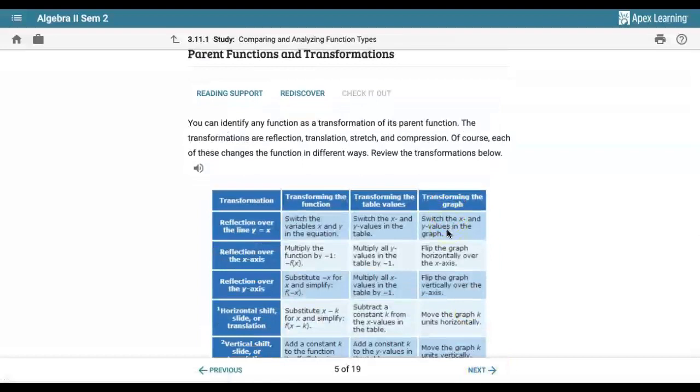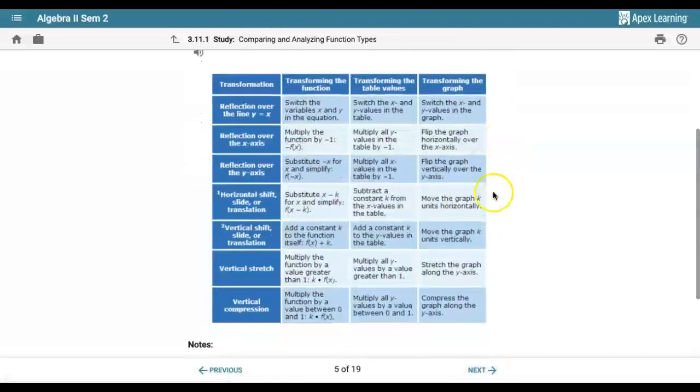Okay, and I don't want to spend a ton of time going over this, but we have transformations for functions. What does it look like in terms of the actual equation, in terms of table values, and in terms of graphs?